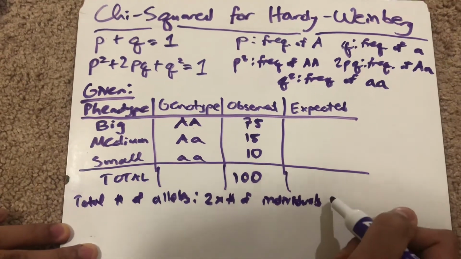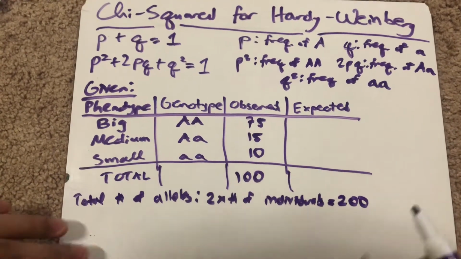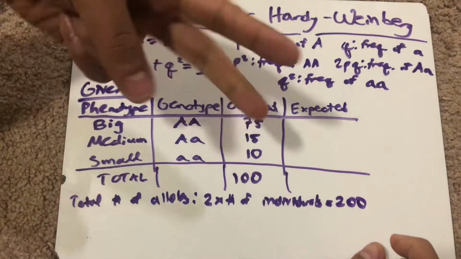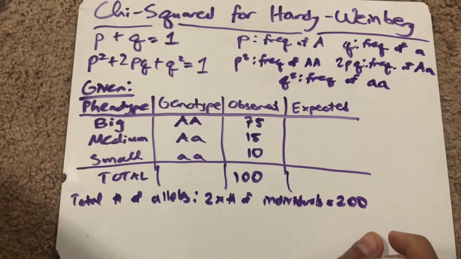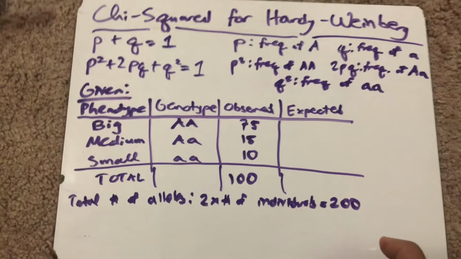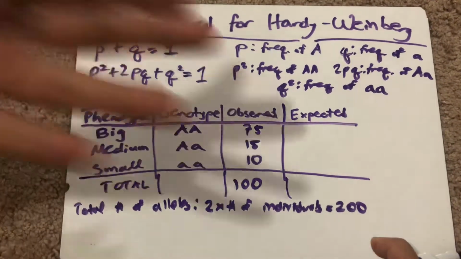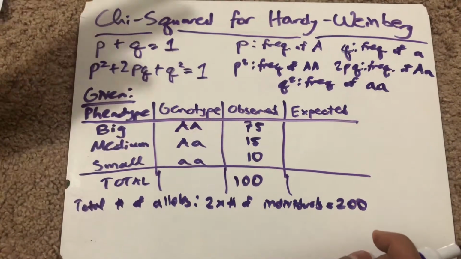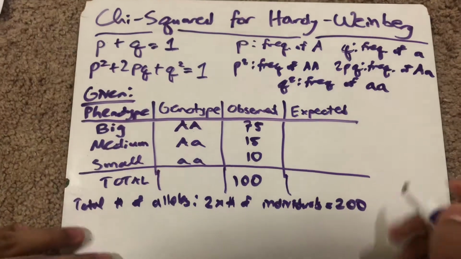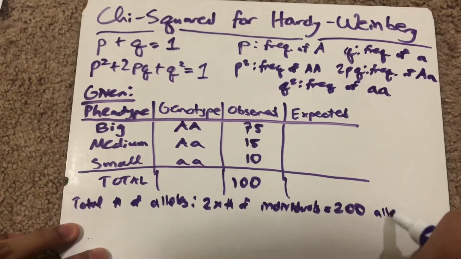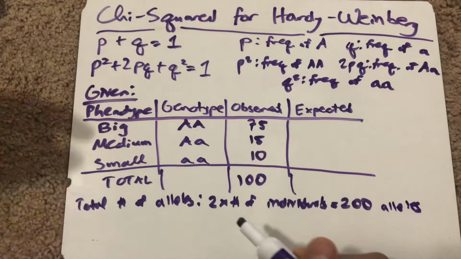I'm not going to use my calculator for this. This is just going to be 200, right? Because each individual has 2 alleles. I might have a big A, someone over there might have big A, little a. So each of us has 2 alleles. 2 times 100 people means there's 200 alleles. That's very important. Now, we need to find P and Q.